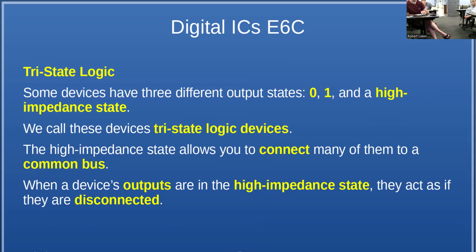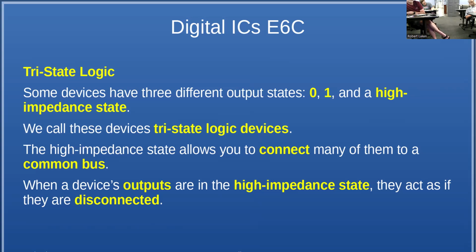So I can connect a whole bunch of them together, and as long as they're all tri-stated, the connection between them is all just undefined. If I turn one of them on, then that connection will be whether that's a high or a low. So it can pull it up or down.